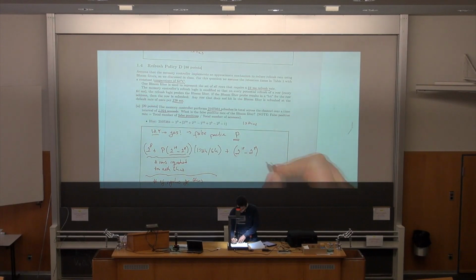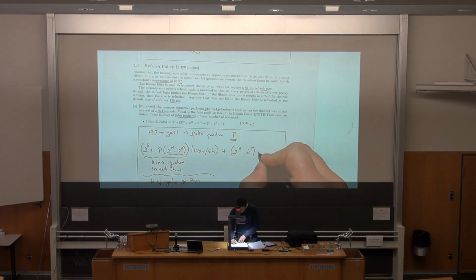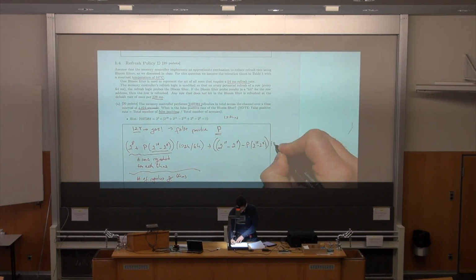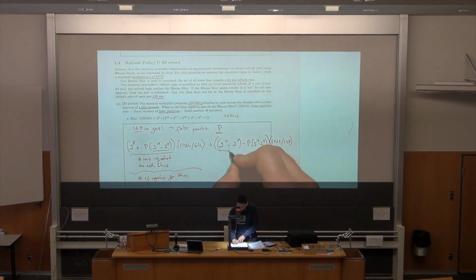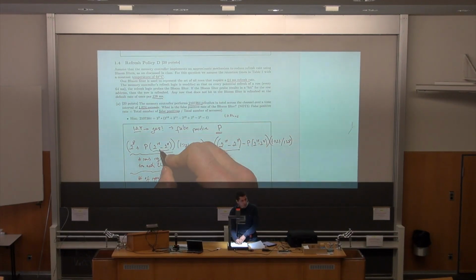Minus 2 to the 18 minus 2 to the 8, multiplied by, I guess, yeah. So basically these are the rest of the rows that should be refreshed in 128 milliseconds, minus those that are actually refreshed here.